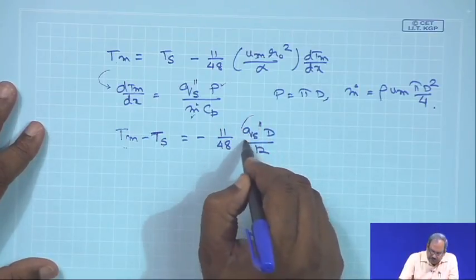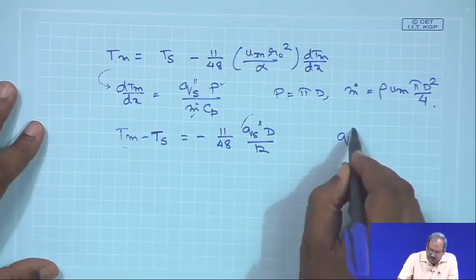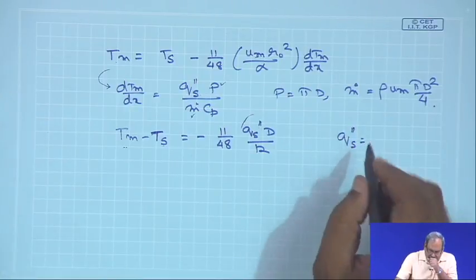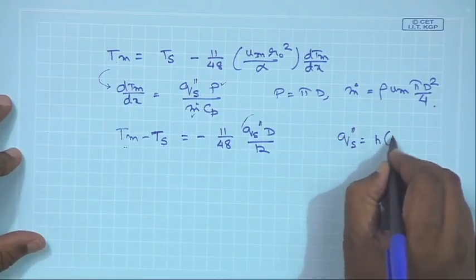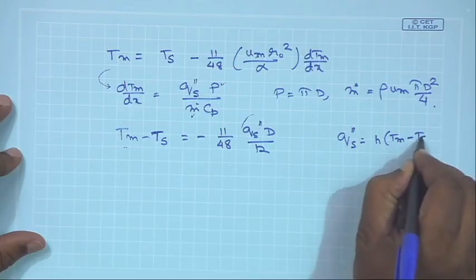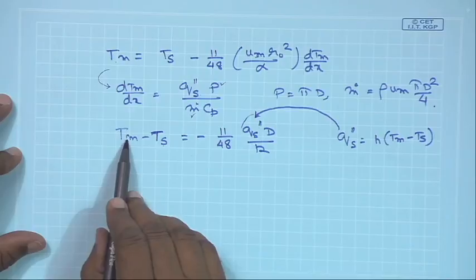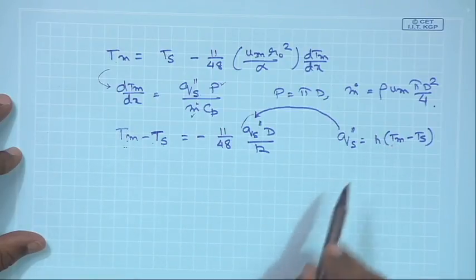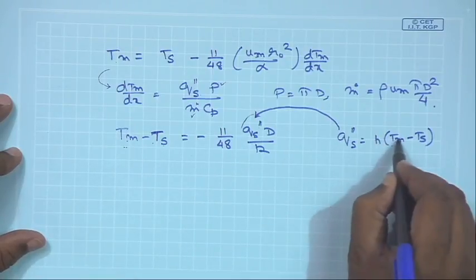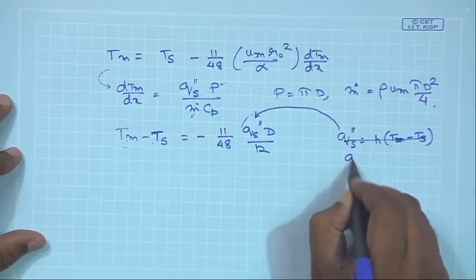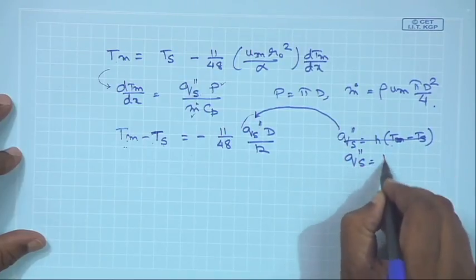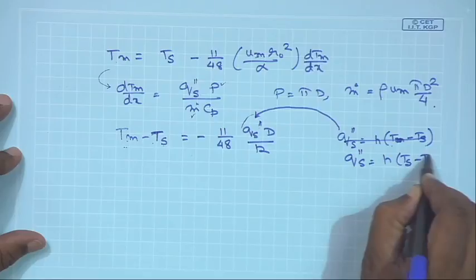So, when you use this q s double prime as h times T m minus T s, which is Newton's law of cooling, when you put that in here, sorry, this should be q double prime s should be h times T s minus T m.